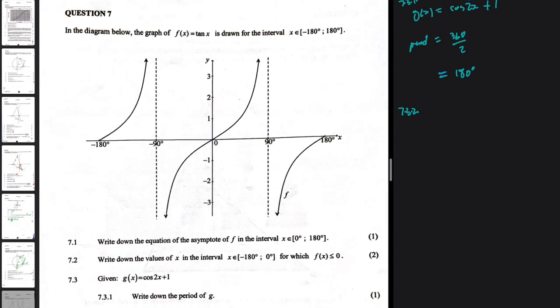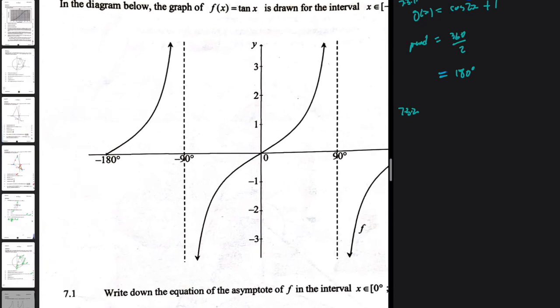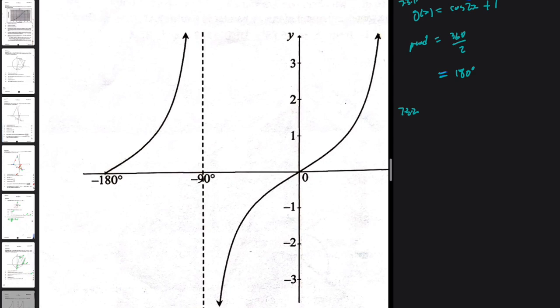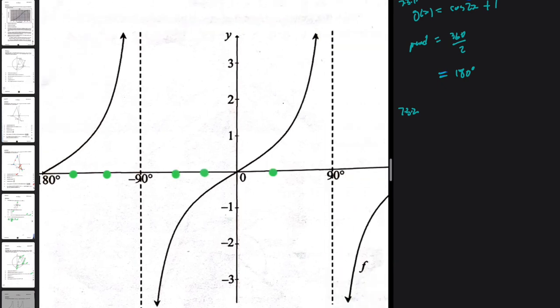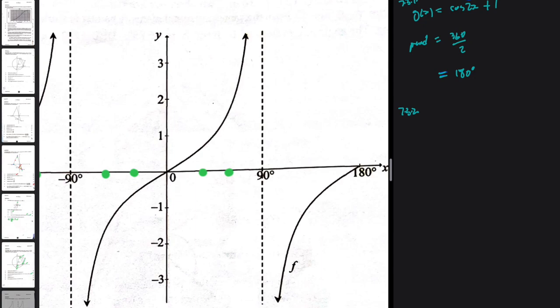So which interval do I want to use? Let me use an interval of 30. So from minus 180, I'm going to have minus 150, minus 120, minus 90, minus 60, minus 30, 30, 60, 90, 120, 150.